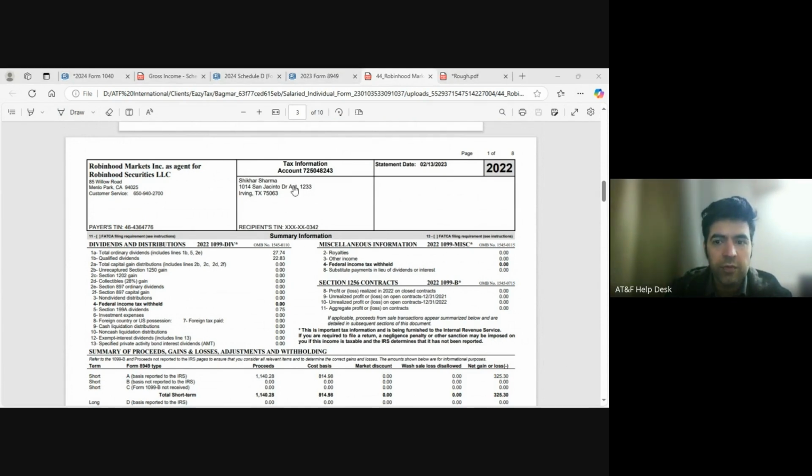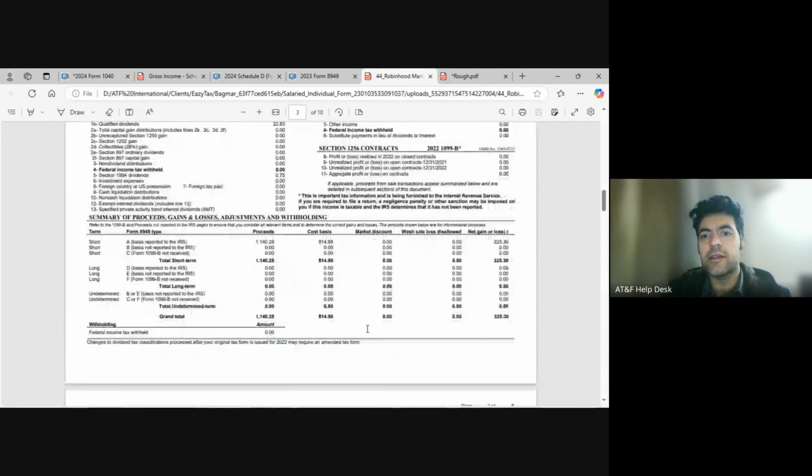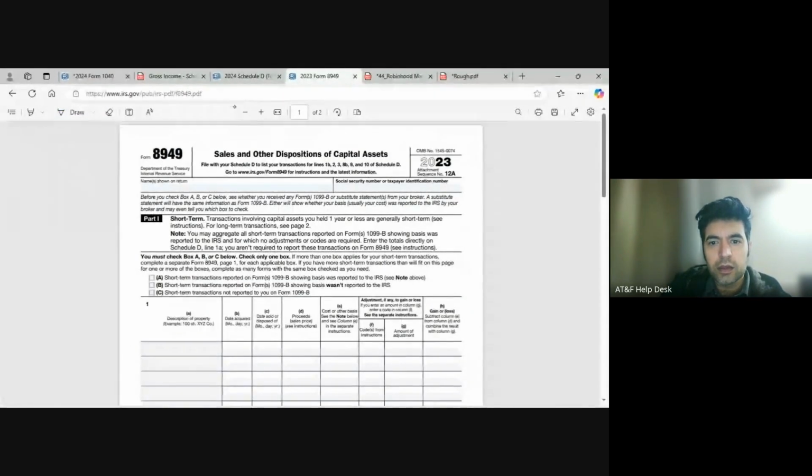B means for broker, right? So here, if you see this summary, this is the source document. Now this matches with this.